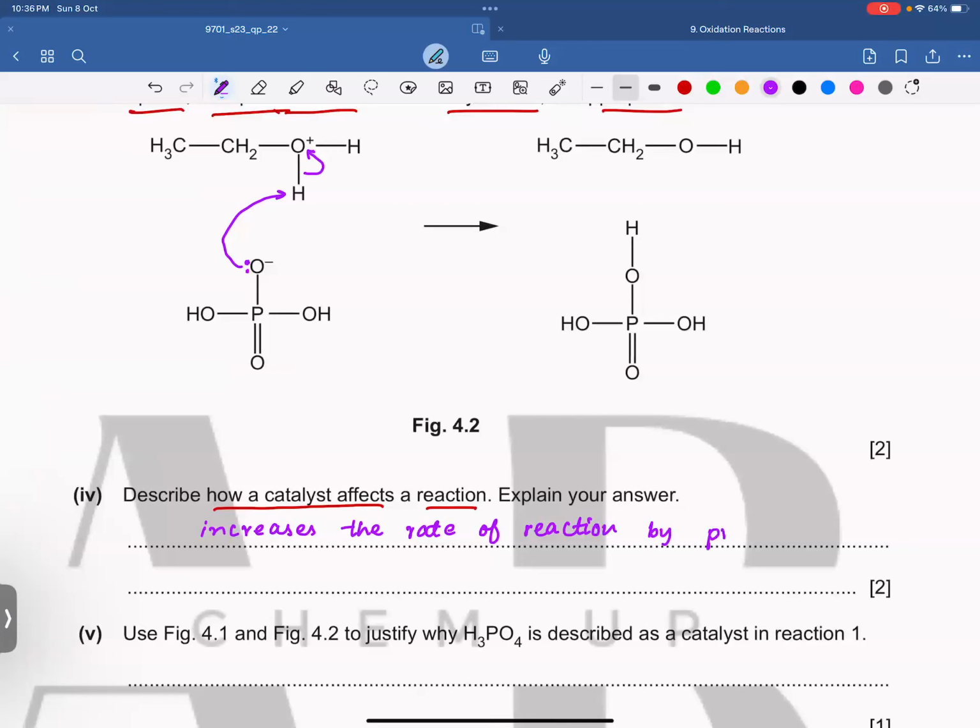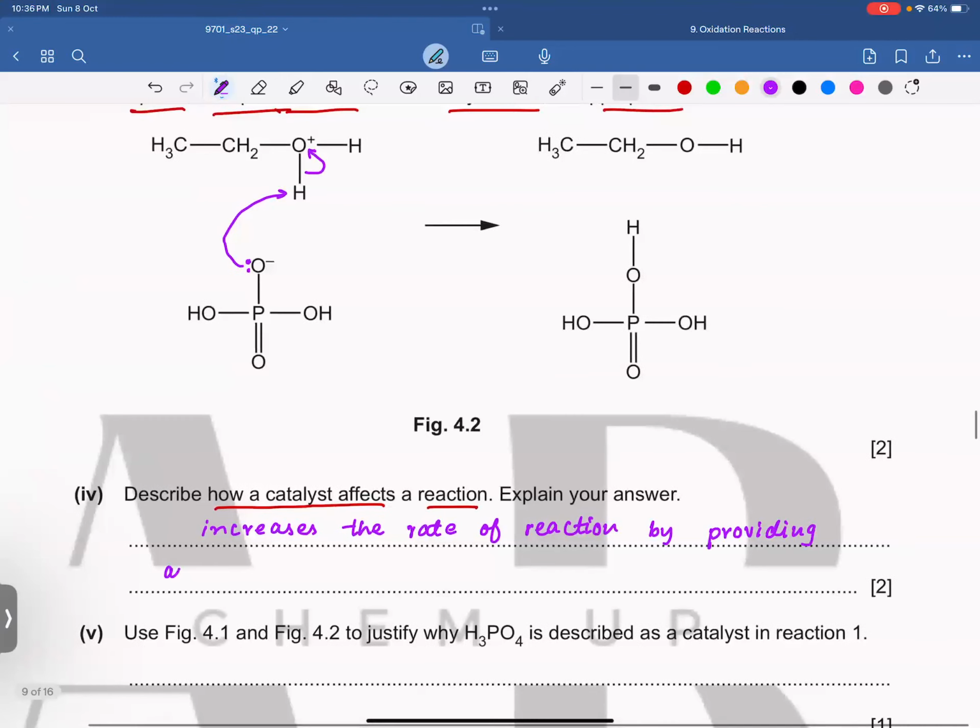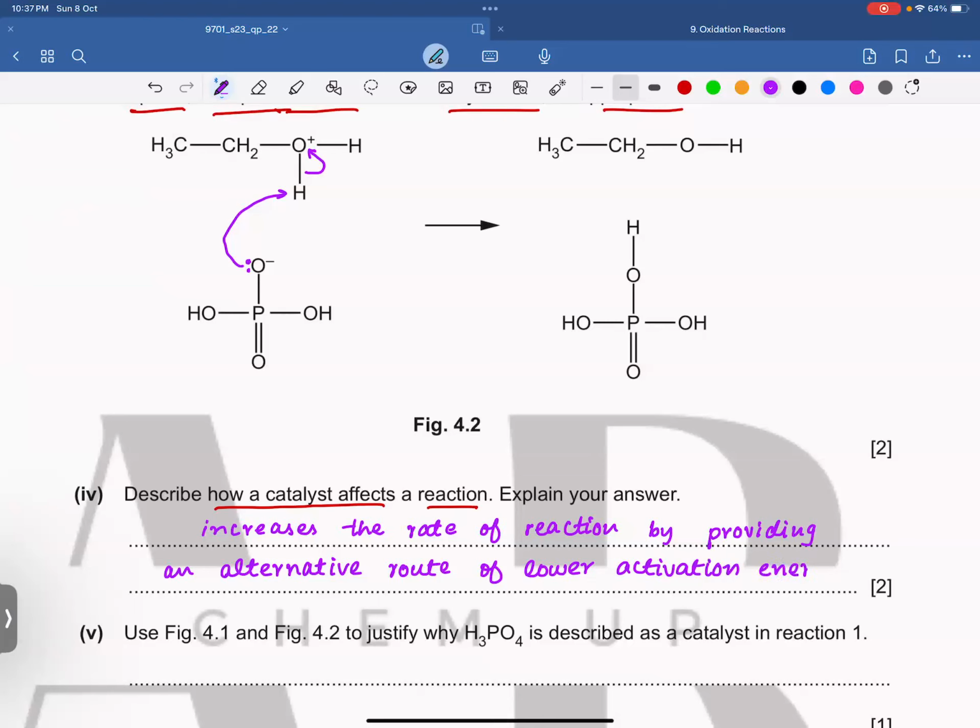By providing an alternative route of lower activation energy. Yes, is this clear? Yes, sir.